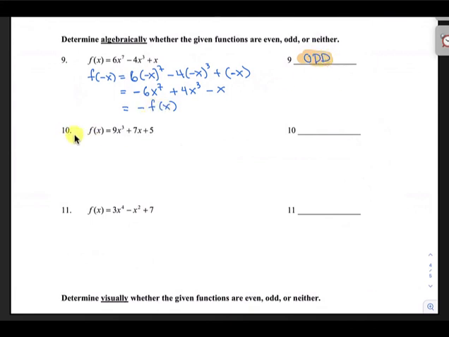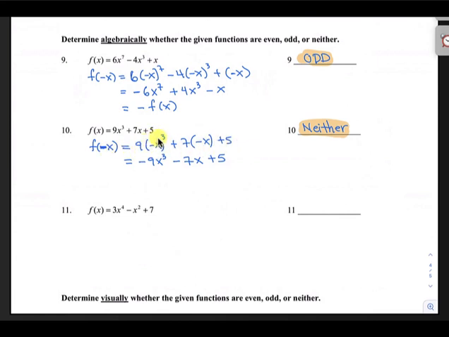Okay, so number 10, you have f of x is 9x to the 3rd plus 7x plus 5. And let's show that work. And so here it is. Again, doing it algebraically, you've got to replace all the x's with negative x. And this is the result.